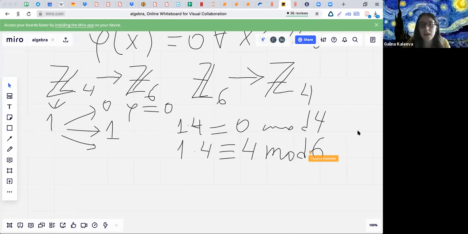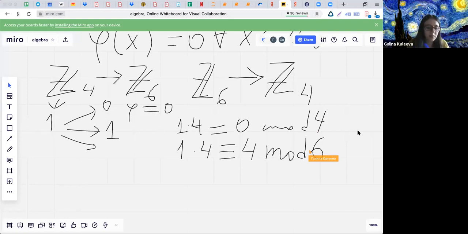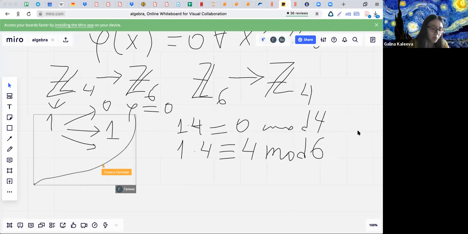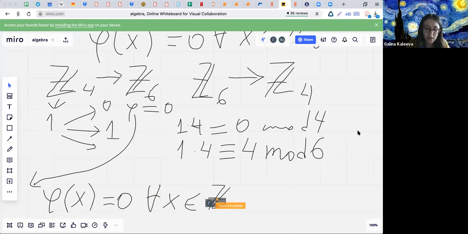May I ask a question? What is a zero homomorphism? This is a homomorphism such that phi of x equals 0 for every x from our group, in our case Z4.